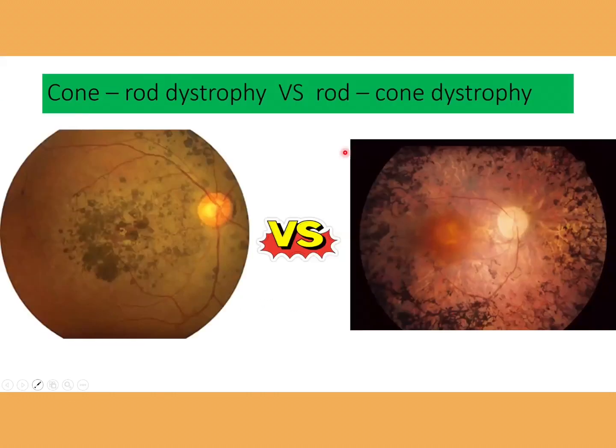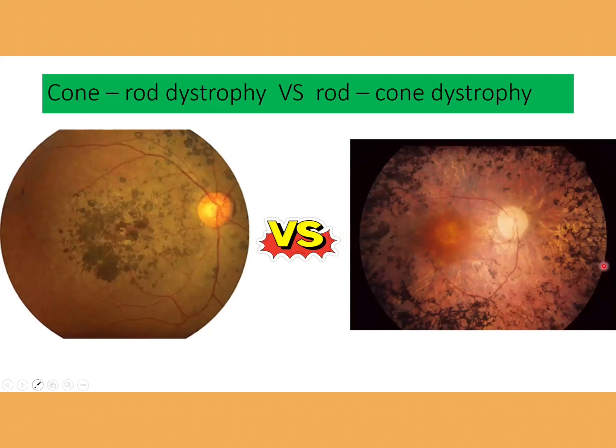Okay, so this is the comparison between cone rod dystrophy and rod cone dystrophy. Generally, it seems that cone rod dystrophy and rod cone dystrophy are the same, but there is a wide difference between them. First, rod cone dystrophy's other name is retinitis pigmentosa. In retinitis pigmentosa, or RP, the patient will first have peripheral field defect, but the cone rod dystrophy patient will first have central field defect as well as reduction of vision.